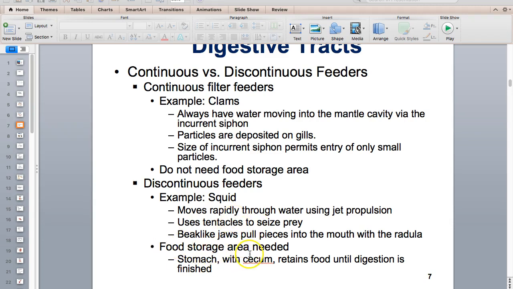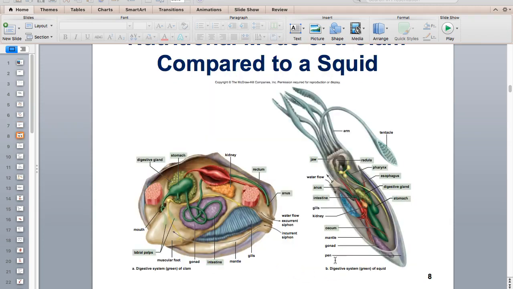And obviously you need a food storage area there because you're taking in bigger particles at a time. So, in squid, you see a stomach, you see a cecum, which is essentially part of that digestive tract, and basically the food will remain there until digestion is finished.